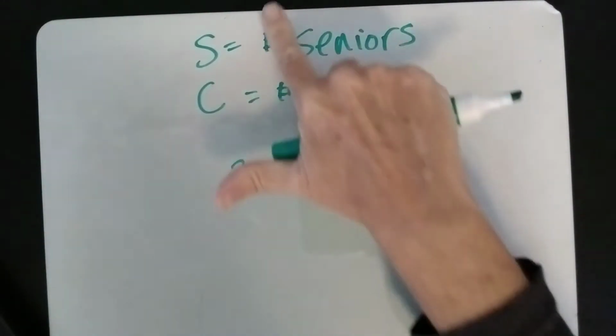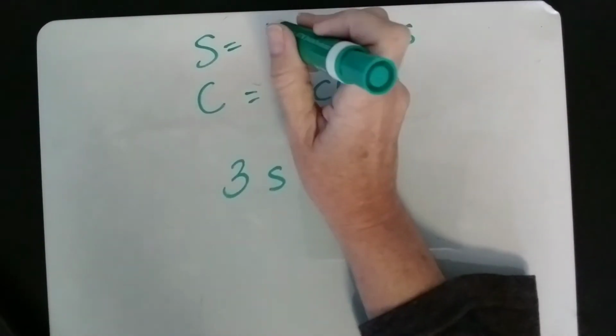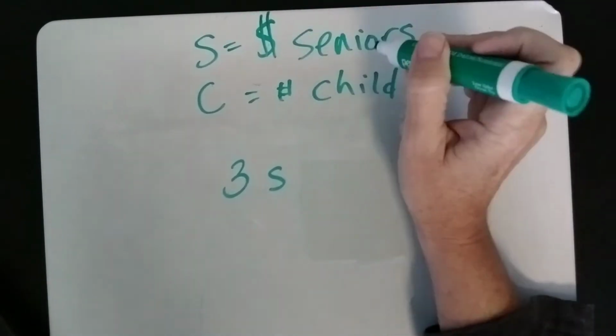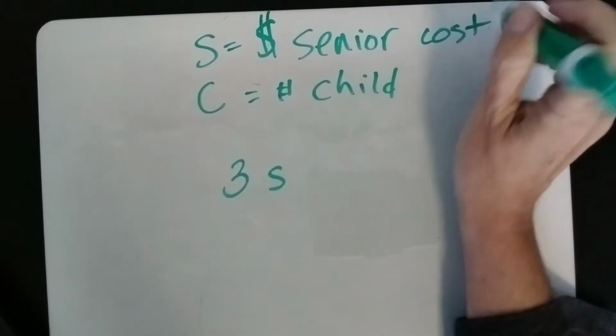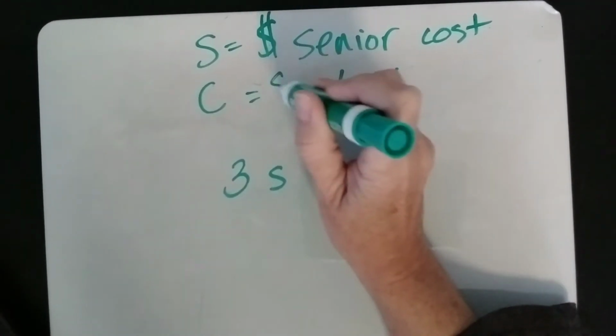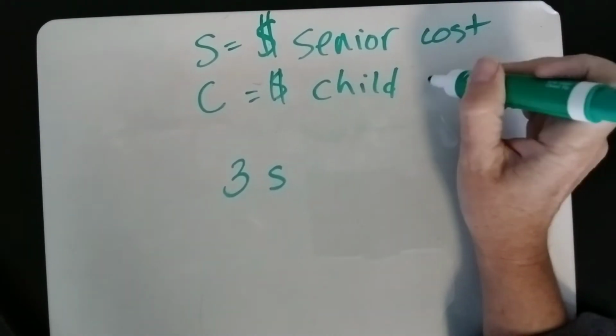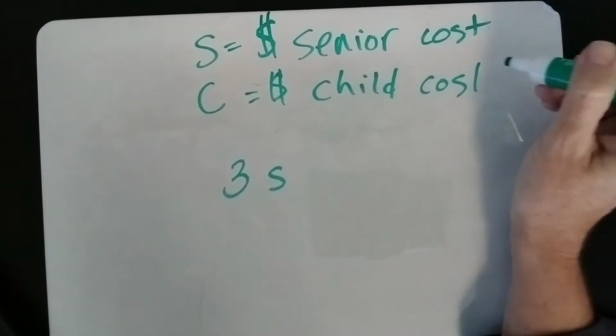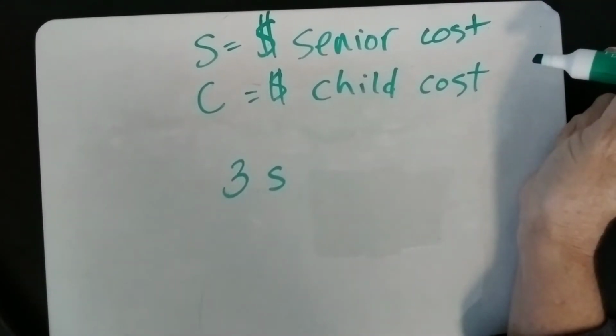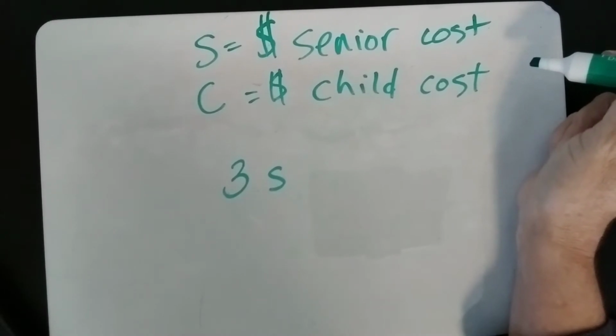I did that wrong. S is going to be how much a senior ticket costs, and C is going to be how much a child ticket costs, because that's what we are finding out. At the very end of the problem, it says find the price of a senior citizen ticket and the price of a child ticket.